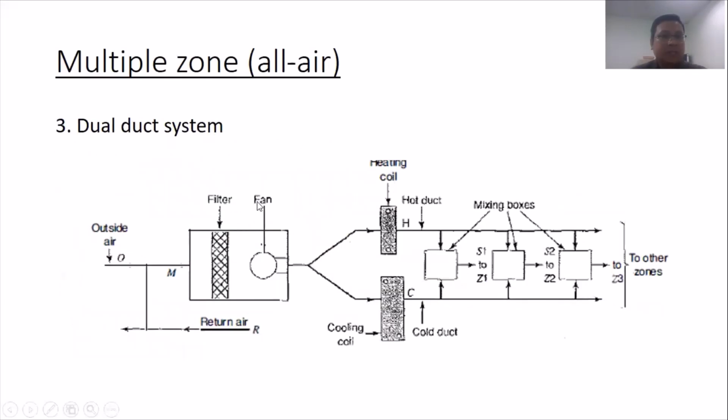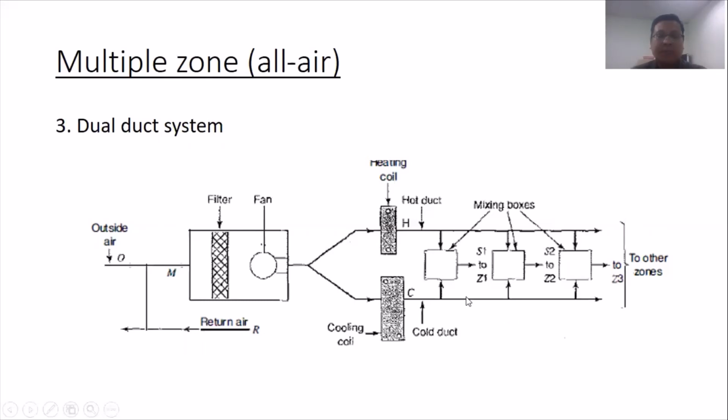Okay, we can check the diagram of the dual duct system here. The dual duct system separates cold and hot, as you can see here. The upper side is the hot duct, and the lower side is the cold duct.